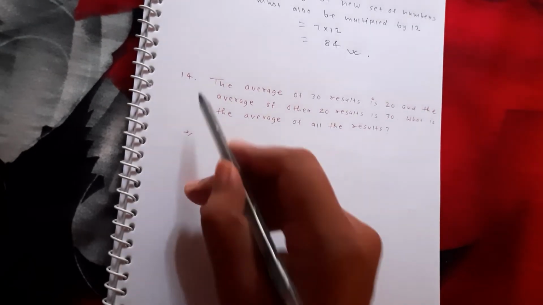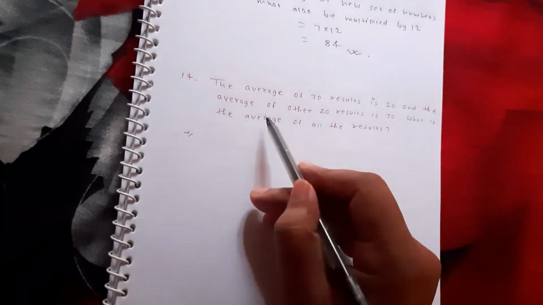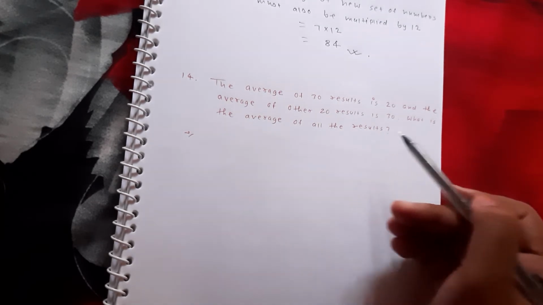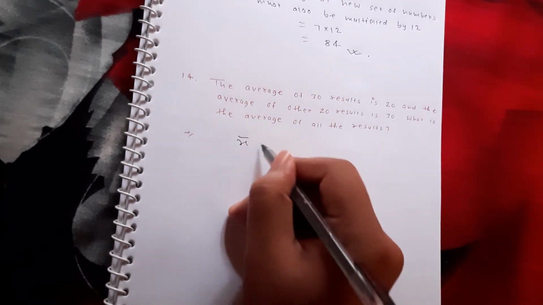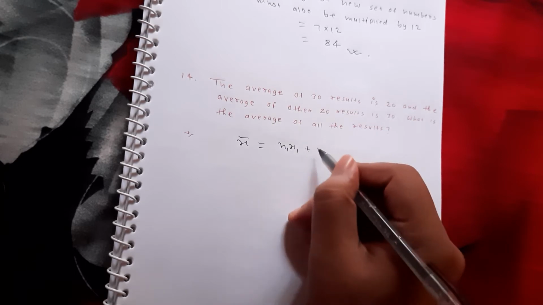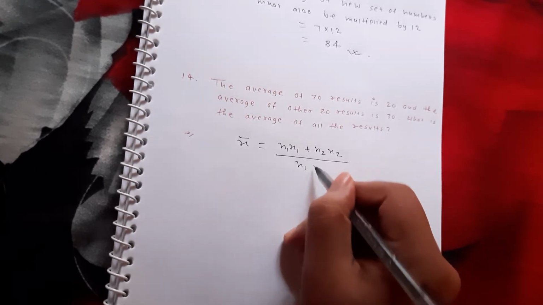Next question, that is 14. The average of 30 results is 20 and the average of the other 20 results is 30. What is the average of all the results? We can apply here the combined mean, that is n1 x1 plus n2 x2 divided by n1 plus n2.